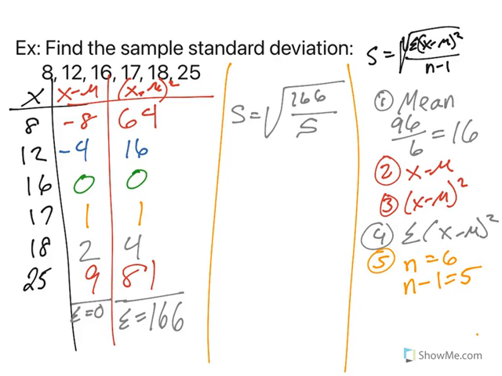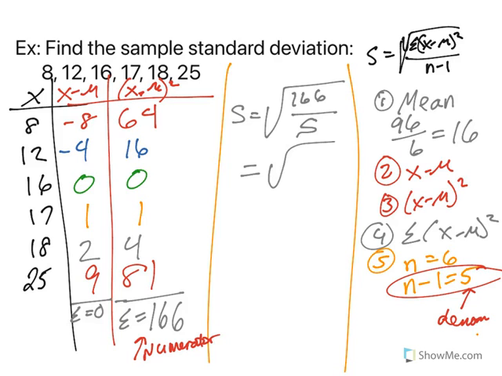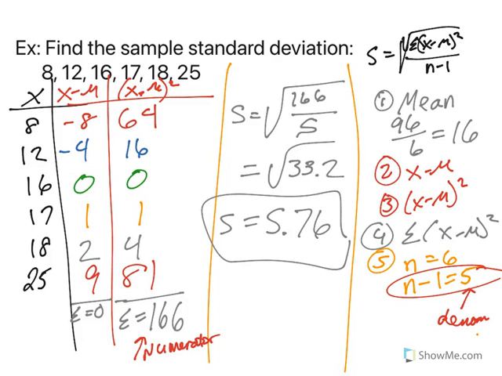The summation is the numerator, and we want n minus 1 in the denominator, which is 5. Again, if you use the table, it keeps things organized. When I divide 166 by 5, I get 33.2. Then when I take the square root of that, to the nearest hundredth, I get 5.76, which is a little bit larger, which means our data is a little bit more spread out. And that's calculating standard deviation.